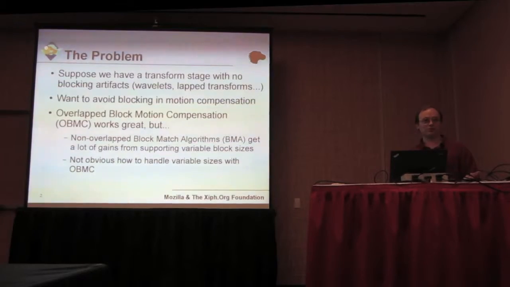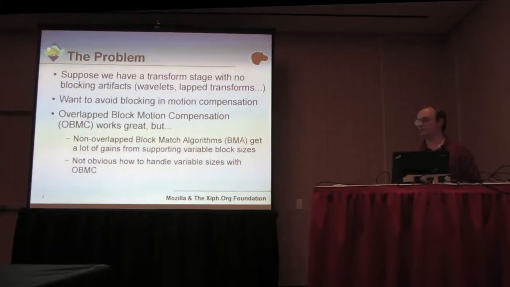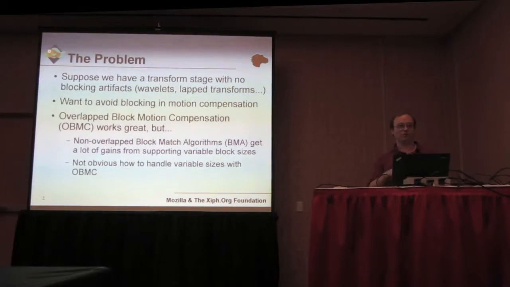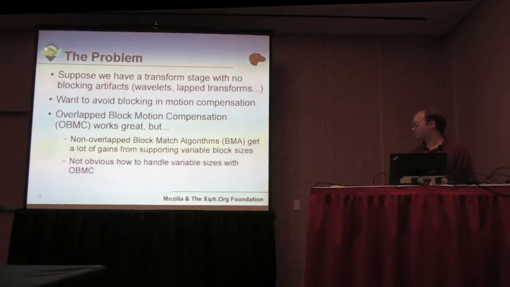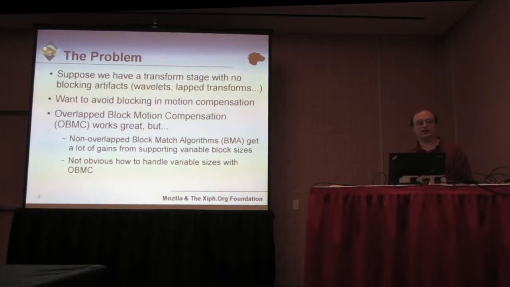There have long been solutions proposed for this. OBMC was proposed in the early 90s. Basically, you do block-based motion compensation, but you overlap the blocks and blend them together using a blending window. That all worked great for fixed block sizes.